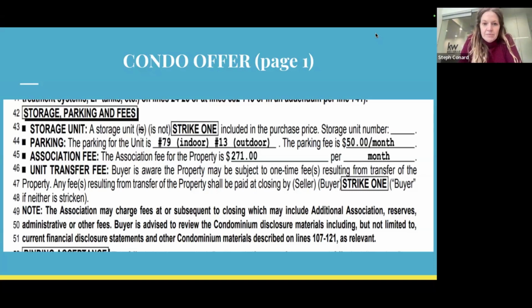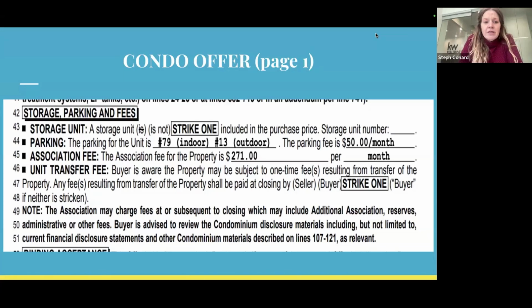Before I begin, Joan ended on the fact that there are more parties involved with a condo, with the condo management company. I'm just going to say here, get to know your condo management company. When you're working with a seller at a listing appointment, get that information right away and introduce yourself.